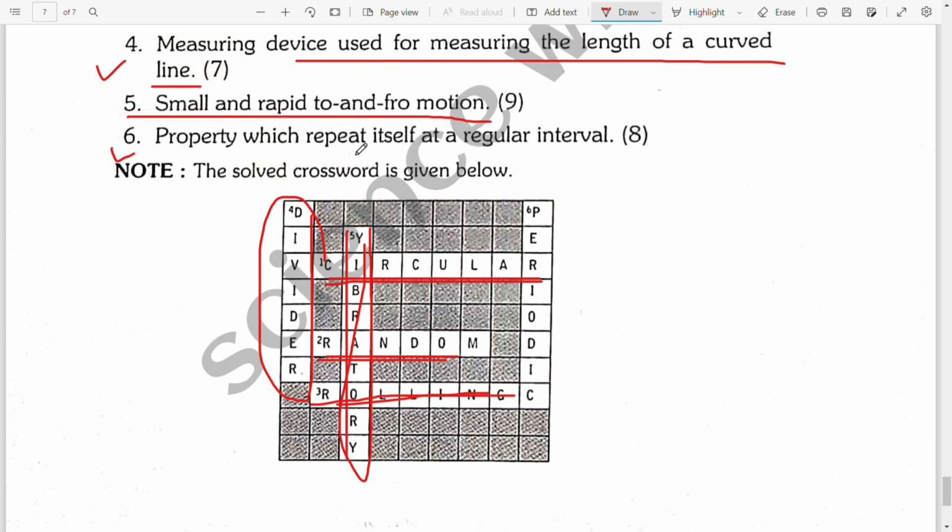Sixth, the motion which repeats itself at regular interval is known as periodic motion.